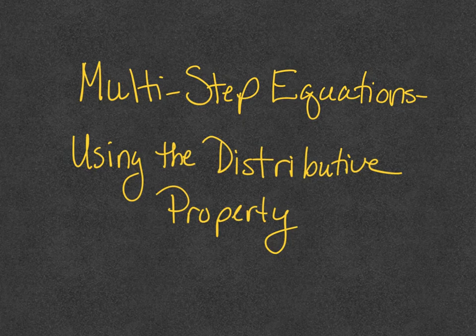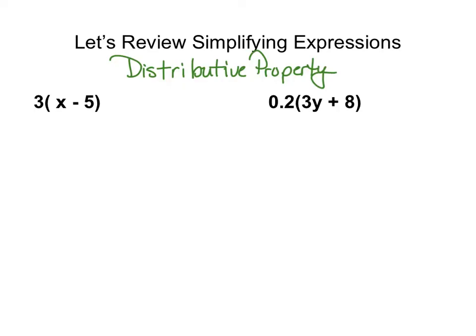In this video, we're going to look at how to solve multi-step equations by using the distributive property. Let's review how to simplify an expression by using the distributive property. So in our first example, I have 3 times the quantity of, in parentheses, x minus 5.